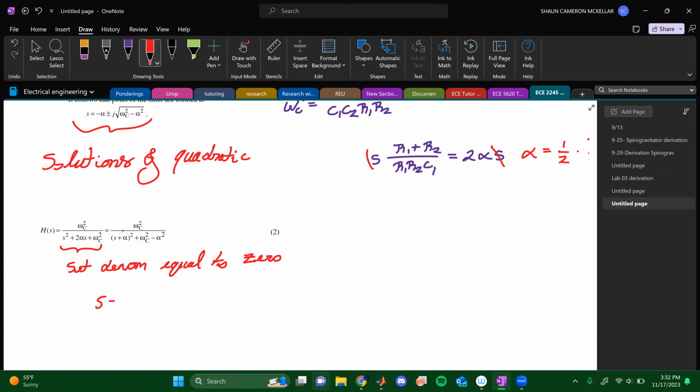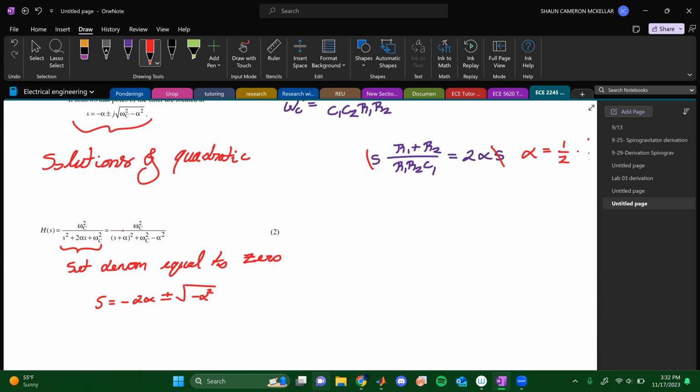So s, what is it? s is equal to negative b plus or minus the square root, all of that nonsense. The b term is 2 alpha. So that's negative 2 alpha plus or minus the square root of b squared. Oh yeah, it is b squared. But why does that end up being a negative up here? We'll get there.